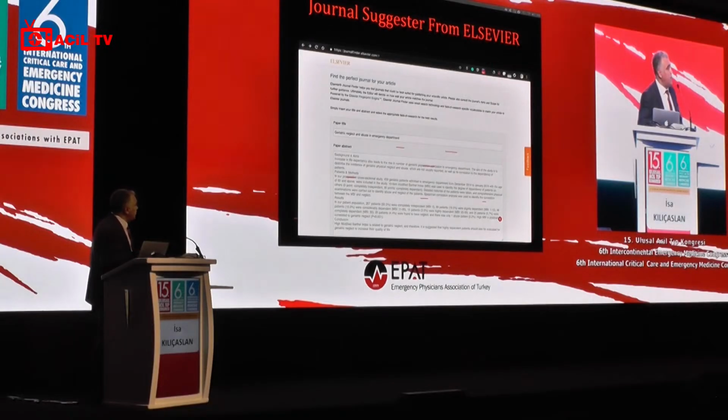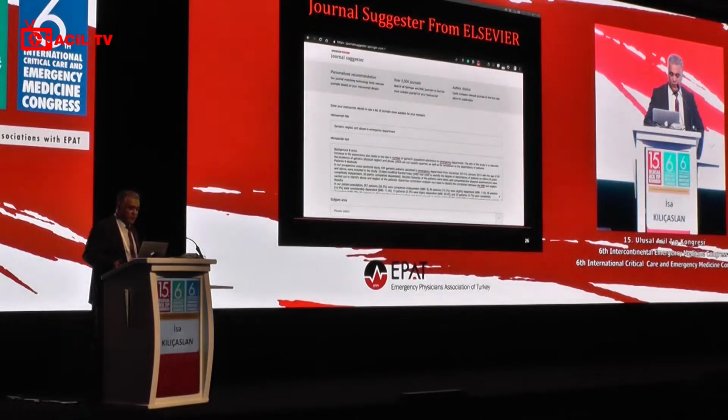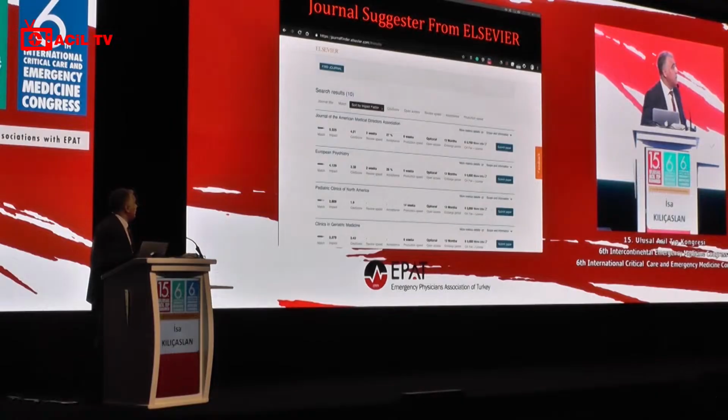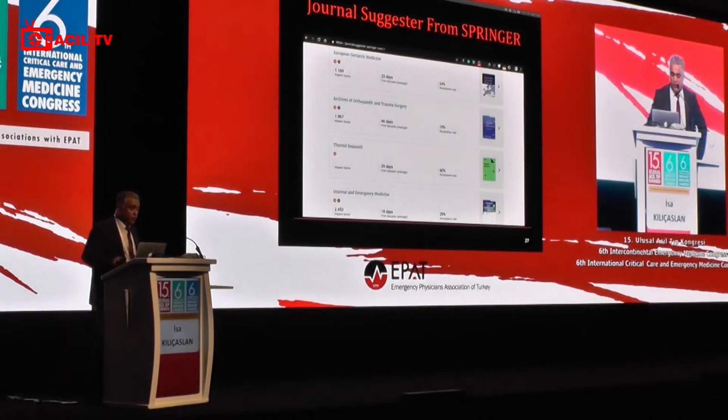I gave a sample for this one, geriatric neglect and abuse in university departments, and this website offers some special journals from their databases, such as the Journal of the American Medical Association, and you can easily follow the impact factor, speed, CiteScore, options, everything. You can choose what is important for you. You can choose the right journal at that point.